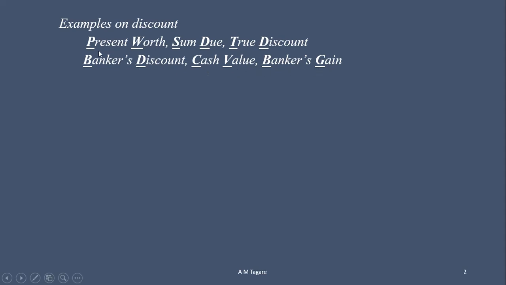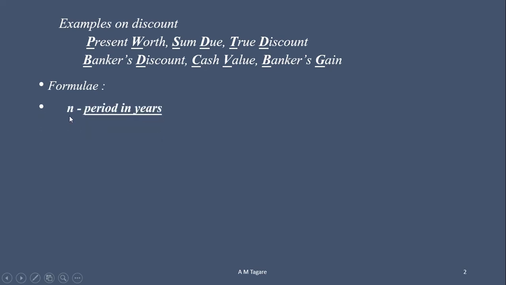Now, we write present worth as PW. We denote sum due by SD, true discount by TD, banker's discount by BD, cash value by CV, banker's gain by BG.